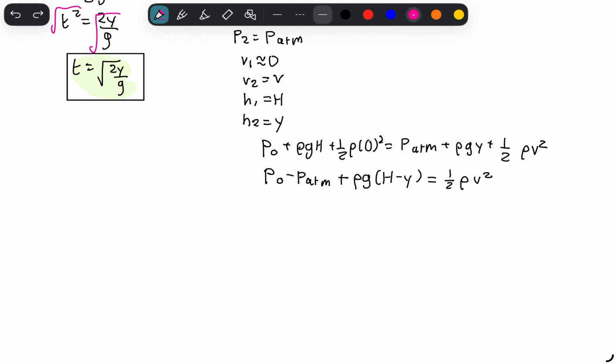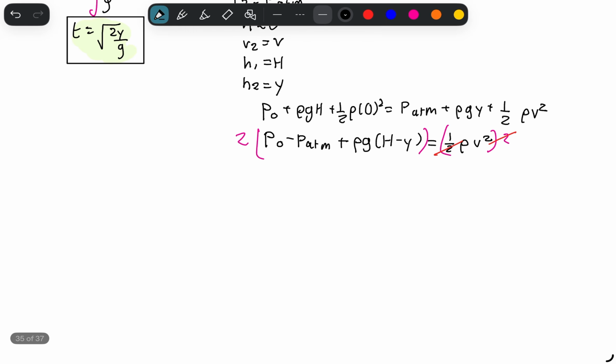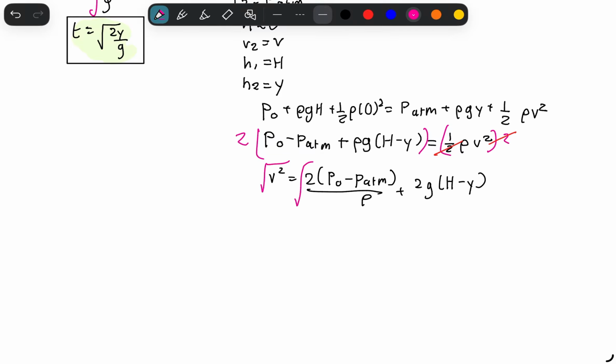Then you can multiply by 2. And v is equal to this root.